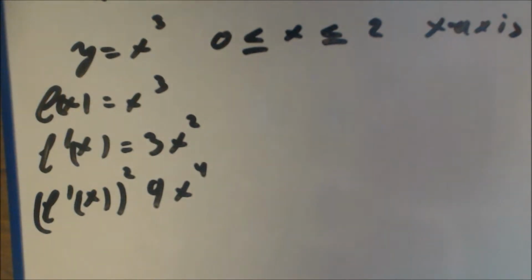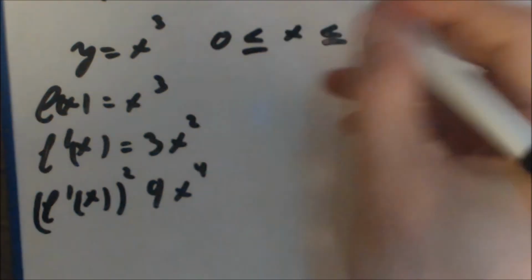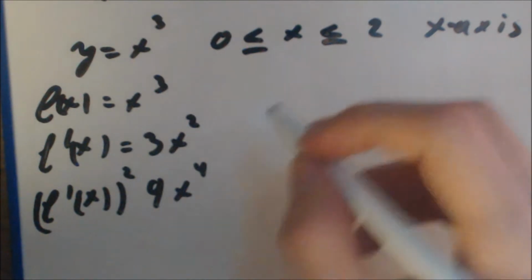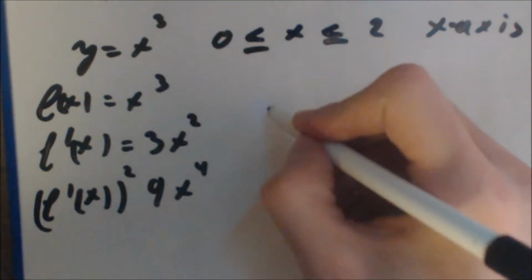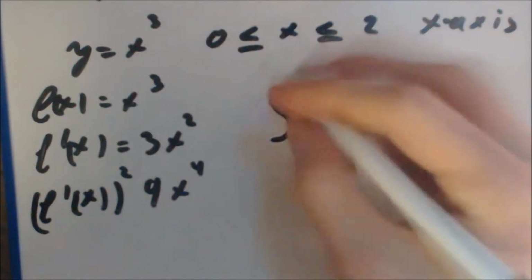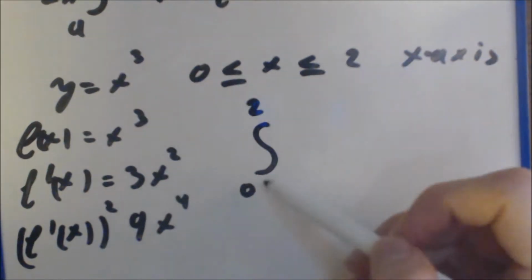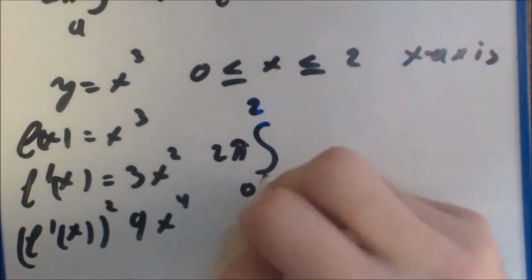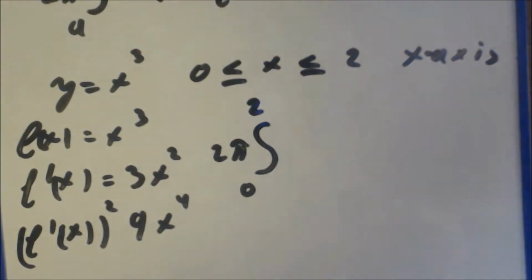The next thing we have to do is plug this stuff into the equation. This is going to be from 0 to 2, because these are the bounds, so that goes on the integral. 2 pi times, now here's the tricky part.